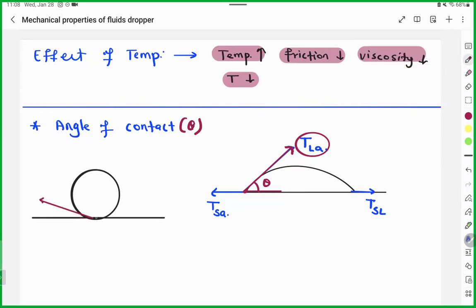And here, liquid is present with the solid surface. Then this will be the angle. In both situations, you have the angle of contact. Anybody have doubt, guys?